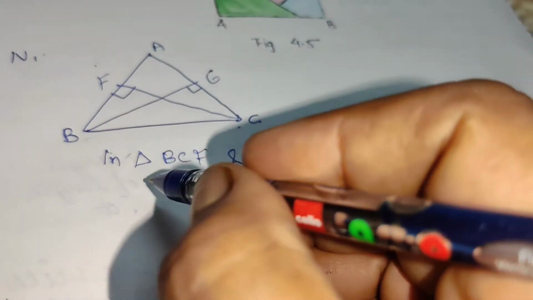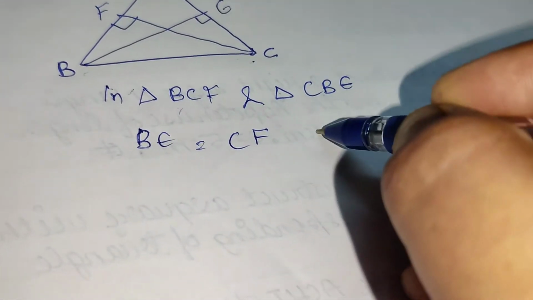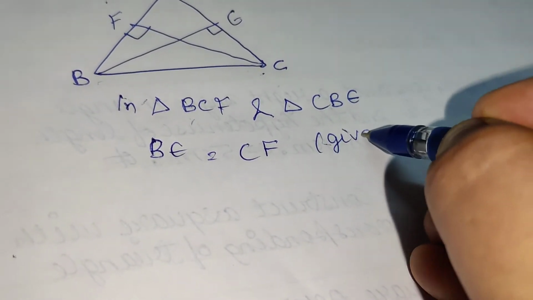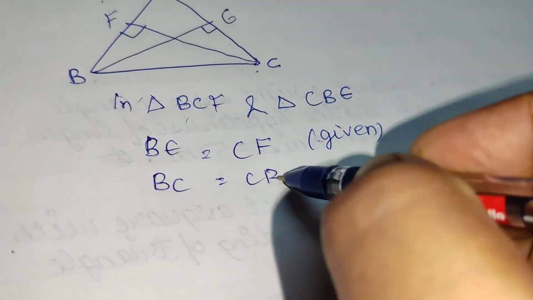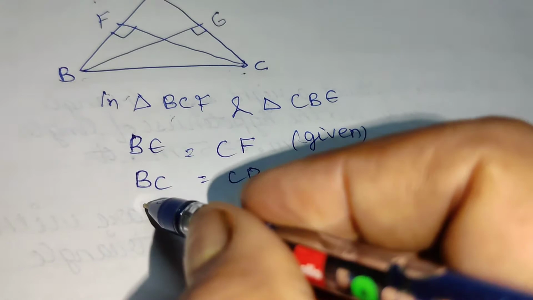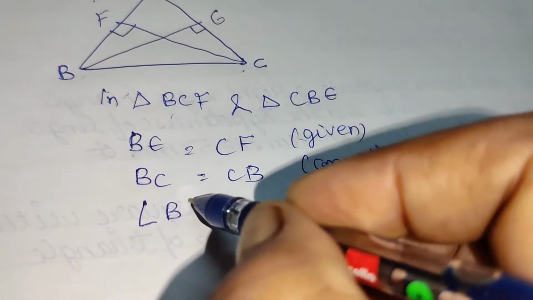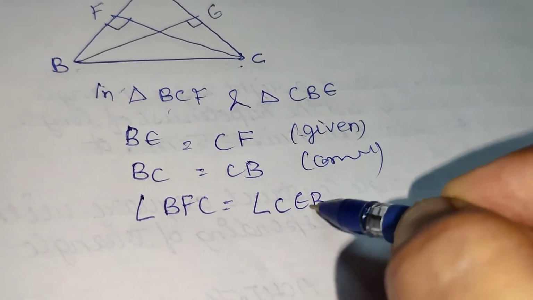the altitudes are equal, given. BE equal to CF, given. BC equal to CB, common base. Next, angle BFC equal to angle CEB, 90 degrees.